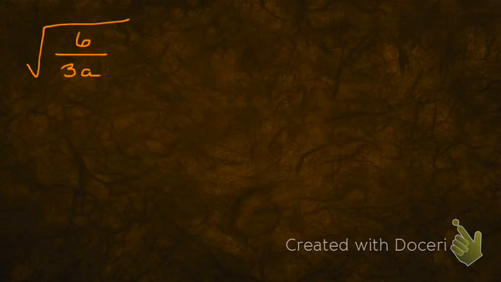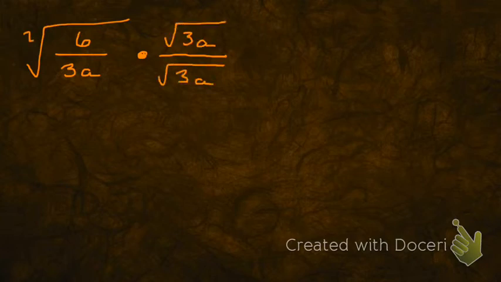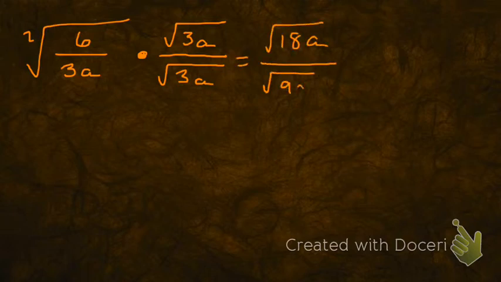All right, I want you to try this one all by yourself. You should see that we need a 3 and an a because it's square root, so we're looking for pairs. And so we're going to multiply the top and bottom by 3a to give us a pair of 3's and a pair of a's on the bottom, so we end up with 9a squared. The top can also be simplified because 18 has a pair of 3's in it.